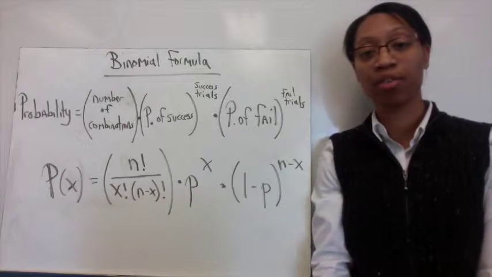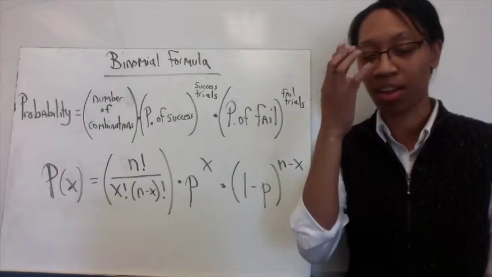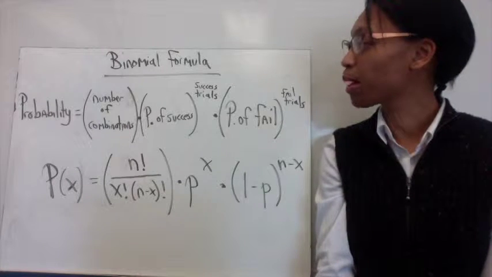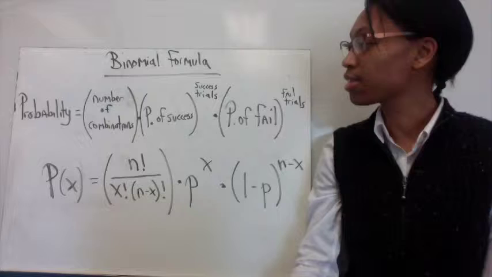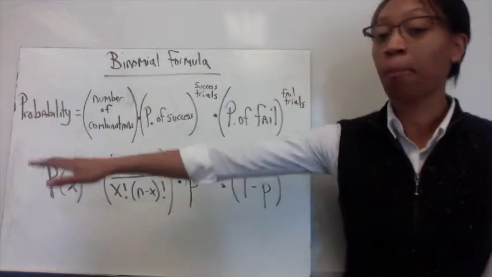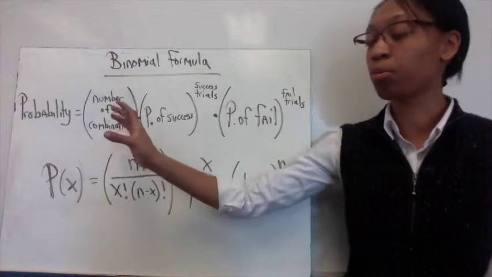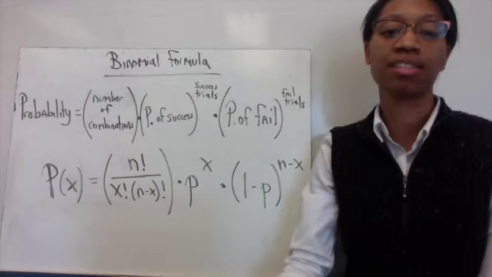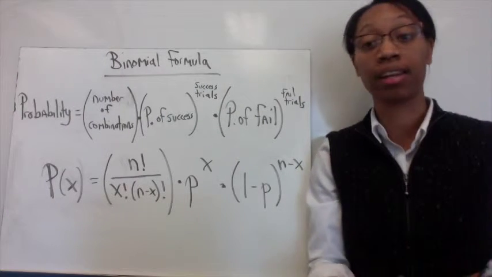And that brings us to the formula that is the main point, or one of the main things that we're going to be doing with the binomial data, and that is finding the probability of events. So in order to do that, the probability is going to equal the number of possible combinations of outcomes, such as if I'm flipping a coin 3 times, do I get heads heads?